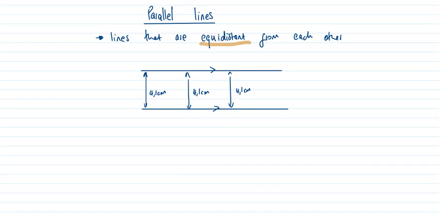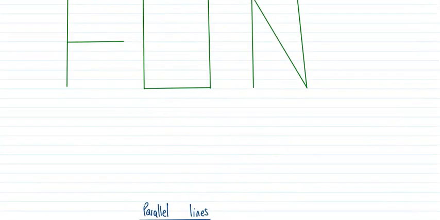So if you do have parallel lines, I'm just going to have my two parallel lines here. Here's one, and here's another one. Now if you have two parallel lines and then you have what we call a transversal line, this one.